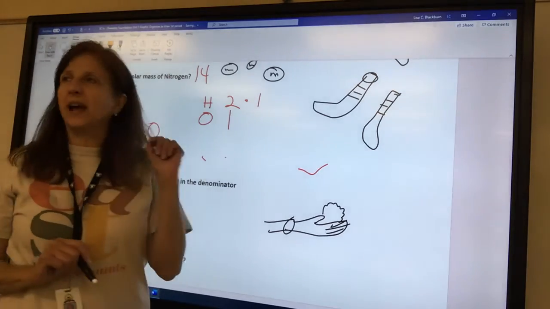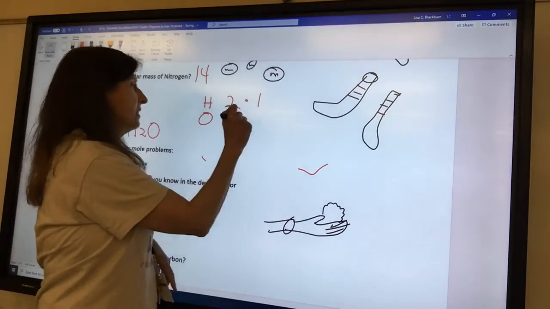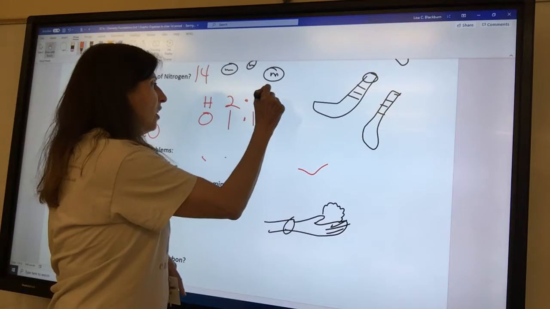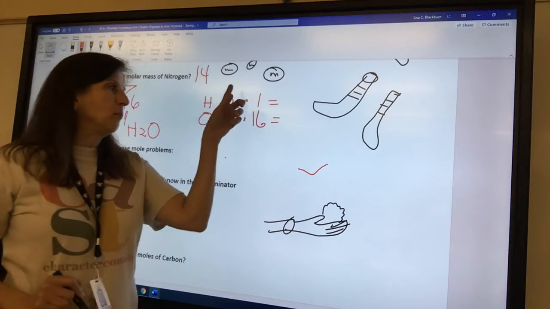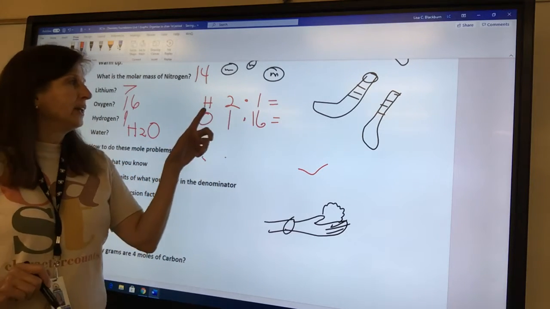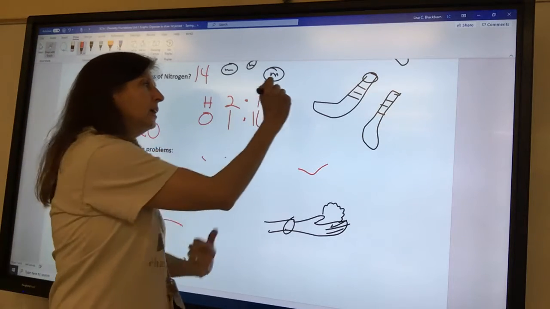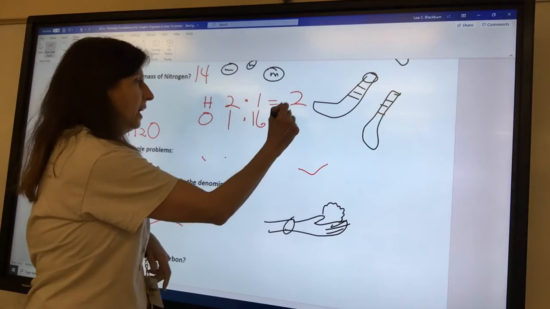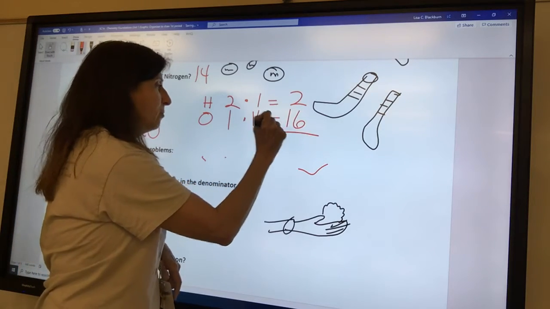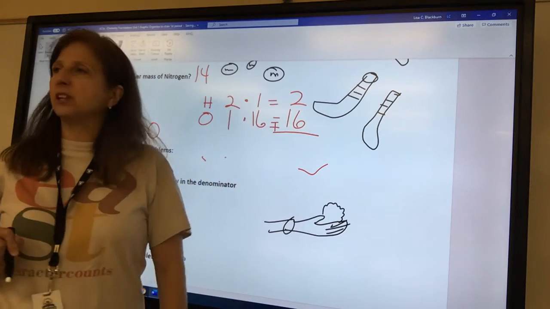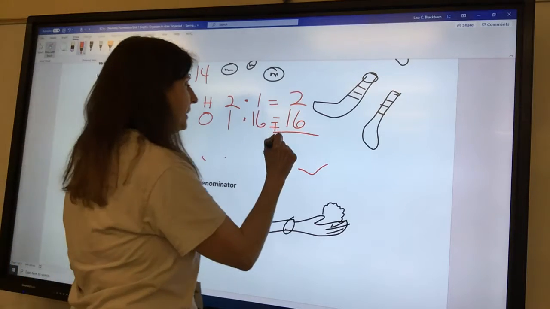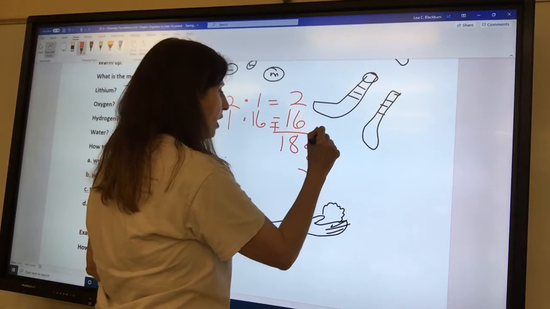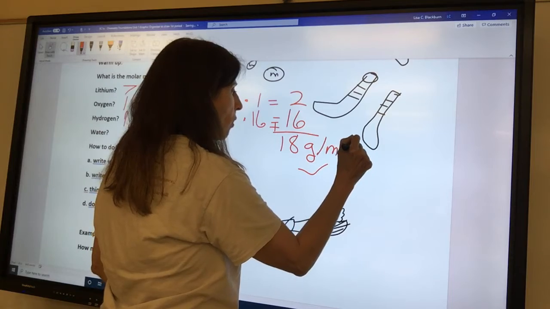And what is the molar mass of oxygen? 16. Now I'm going to multiply. What is 2 times 1? 2. And what is 16 times 1? 16. Now I'm going to add them together. What's 16 plus 2? 18. And the units are grams per mole.